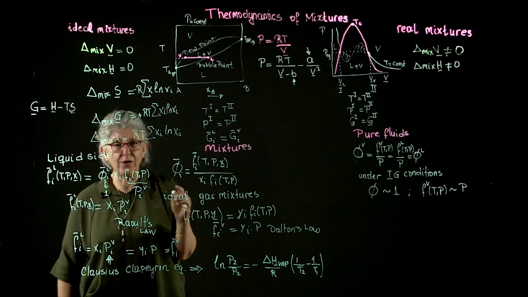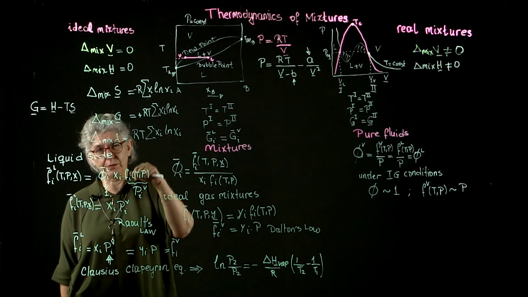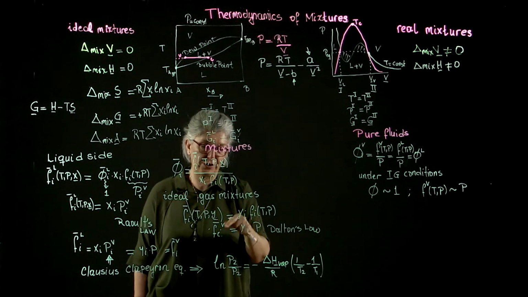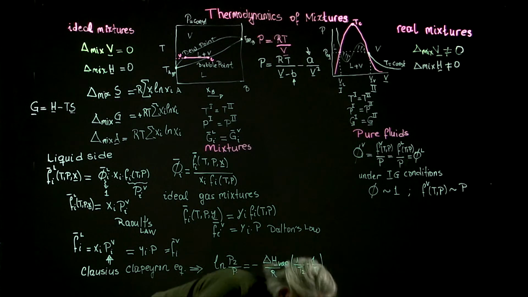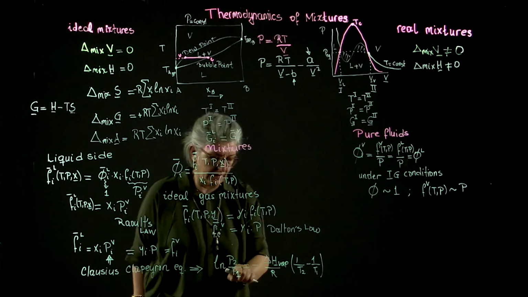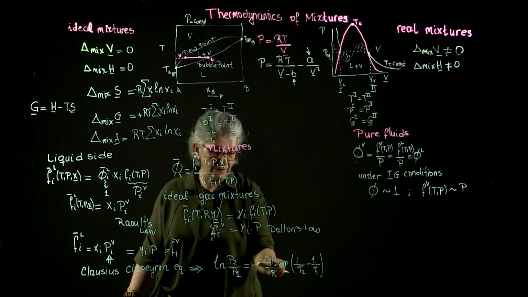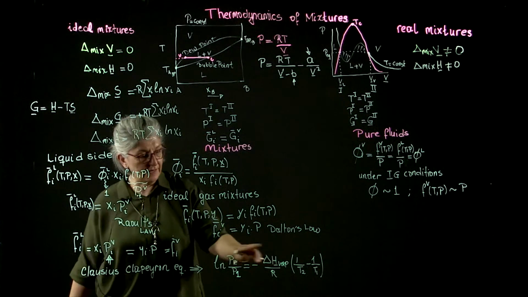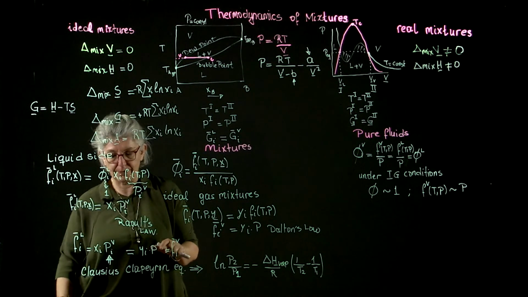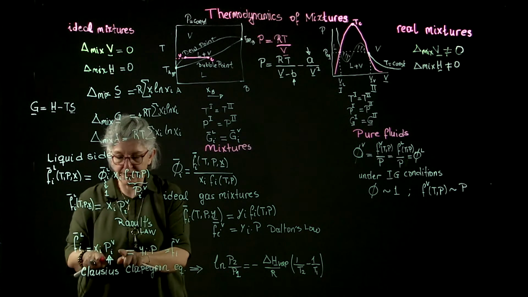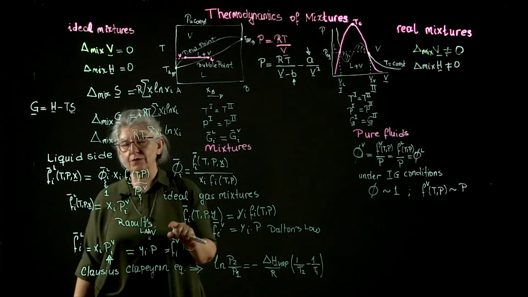So if I know the vapor pressure of my fluid at only one temperature, or if I know the boiling point of my fluid at only one pressure, and if I know the heat of vaporization of that fluid, I can get infinitely many temperature and vapor pressure pairs. So the Clausius-Clapeyron equation relates my vapor pressure to its boiling point through the heat of vaporization data.